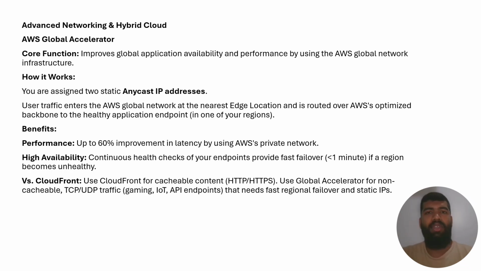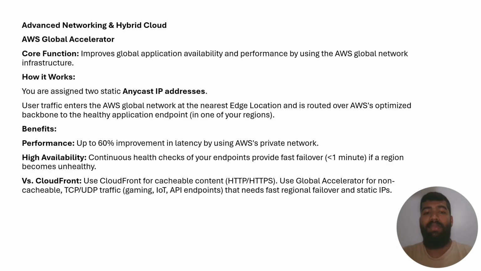The benefits are huge. For performance, you can see up to 60% improvement in latency by avoiding the public internet's hops. For high availability, it performs continuous health checks on your application endpoints, and if a region becomes unhealthy, it can reroute traffic to the next best region in under a minute.